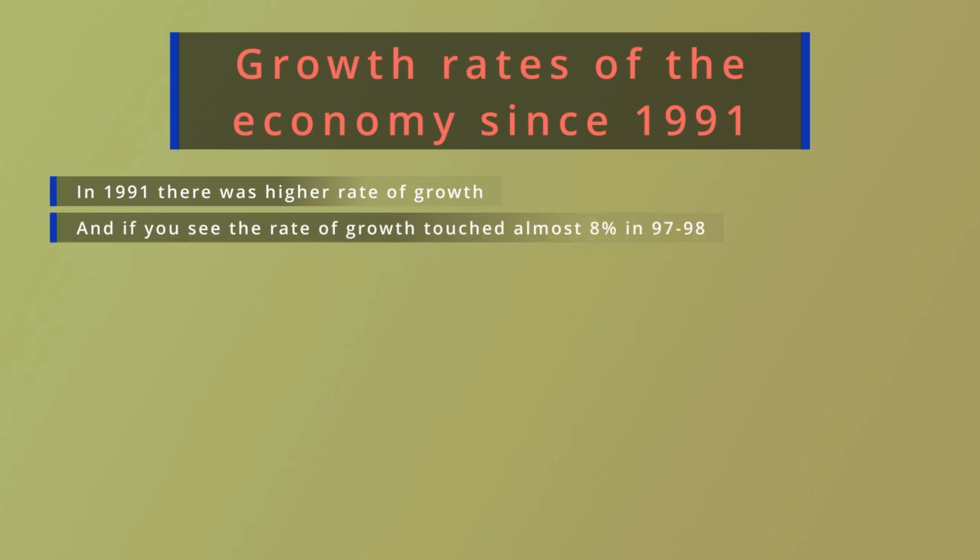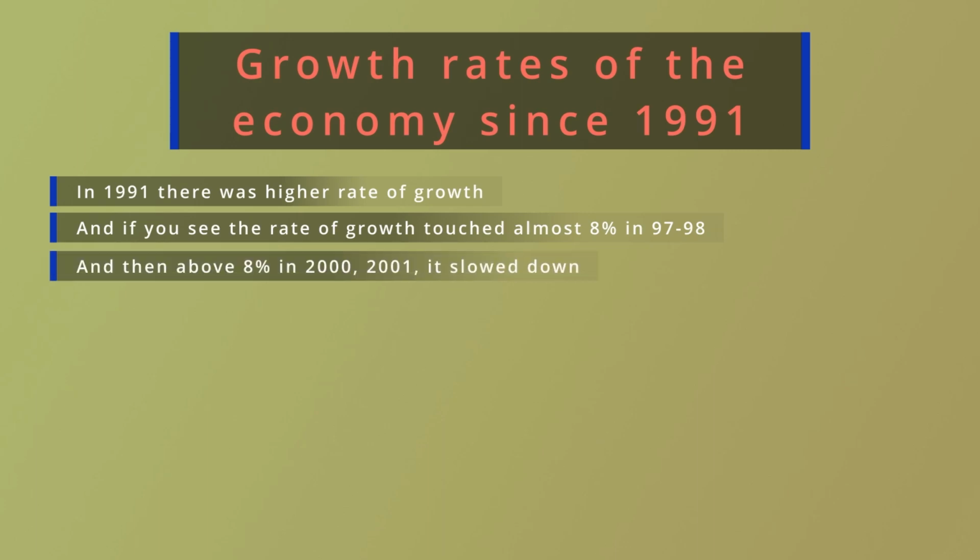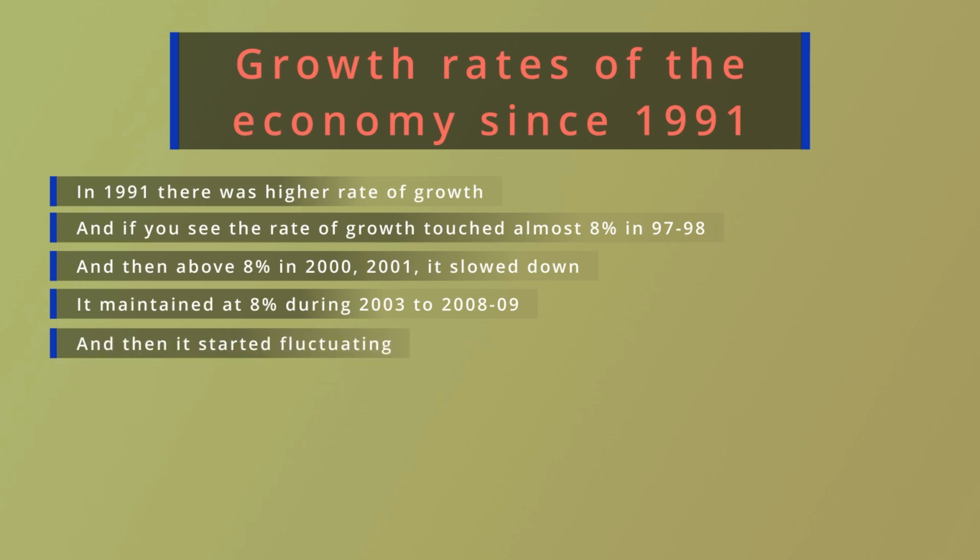And if you see, the rate of growth touched almost 8% in 97-98, and then above 8% in 2000-2001. It slowed down thereafter, as the blue line would show, and then it maintained at 8% during 2003 to 2008-9, and then it started fluctuating.